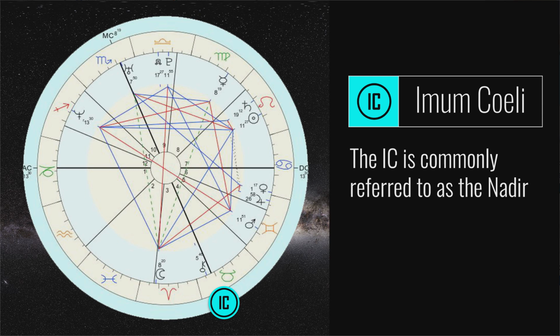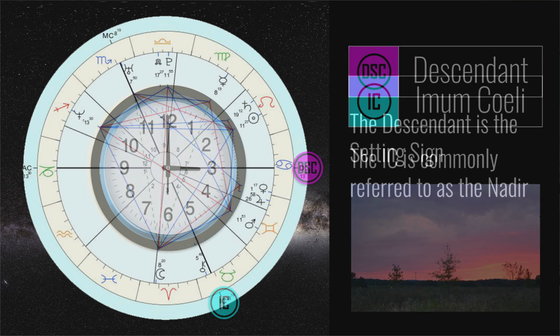And so you could look at the IC as those experiences from your childhood that have shaped who you've become as an adult. Also, in a more practical way, it corresponds to simple third house or fourth house themes. So the third house is where you're interacting with a lot of people, perhaps in the neighborhood.